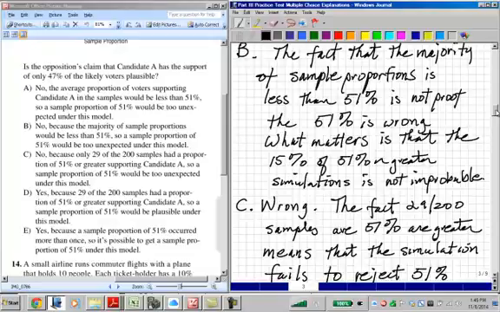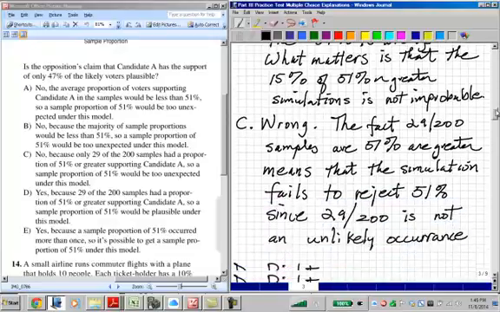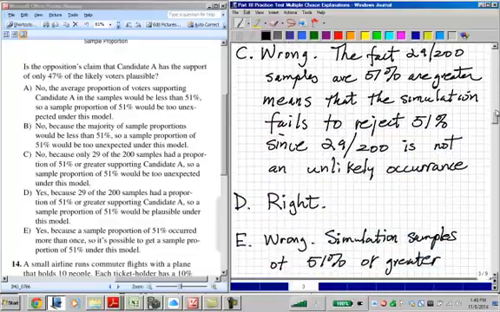Okay, really it's the same argument here. The fact that the majority of sample proportions is less than 51% is not proof that 51% is wrong. What matters is that 15% of the simulations of 51% or greater is not improbable. This is how simulations are used to establish evidence for something. C.